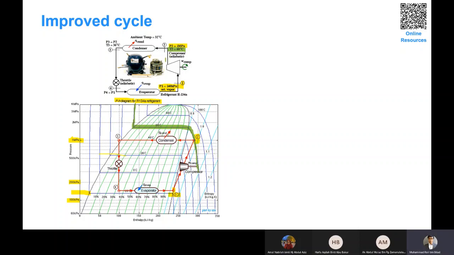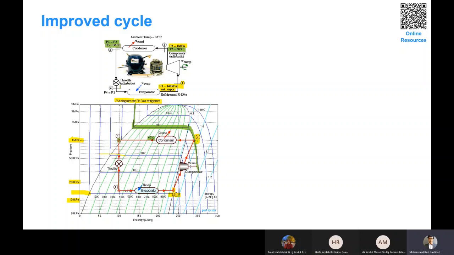When we condense, P3 equals P2, so the line must be horizontal. And the condition is, we are given here 36. So we go there, and it's 36. This is 40. 40 is more or less the saturated. So 36 must be subcooled liquid. So 3 is 36 subcooled liquid.